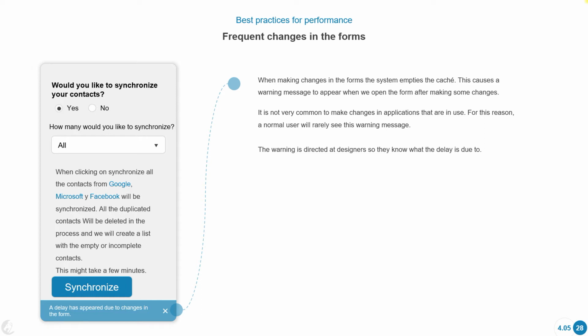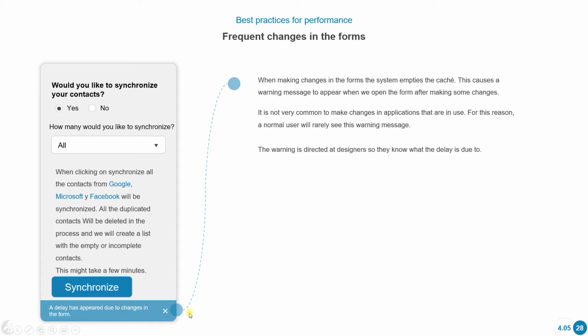Once we stop making changes and we've started to use the form several times, we're going to see how it loads much faster. So once we have reliable data, we're going to be able to analyze this data and know if it's actually performing correctly or if it's taking too much time. Later on, I'm going to show you guys a report that we've already talked about previously in this course, but we're going to see it again because it's related to this feature here.